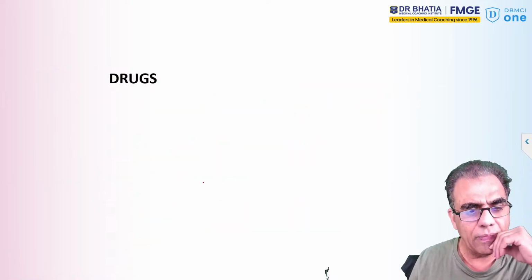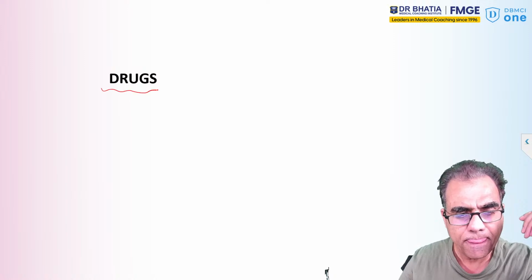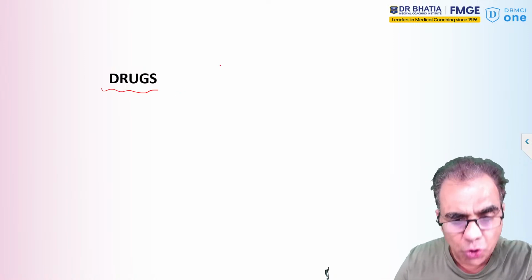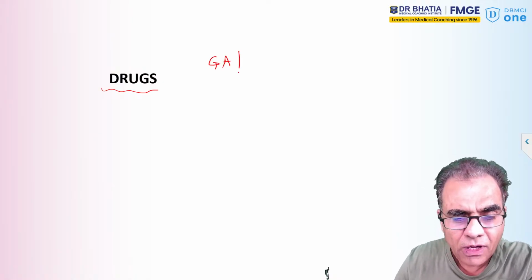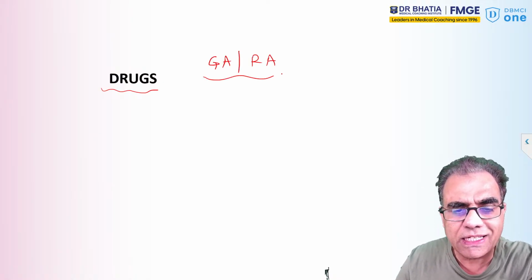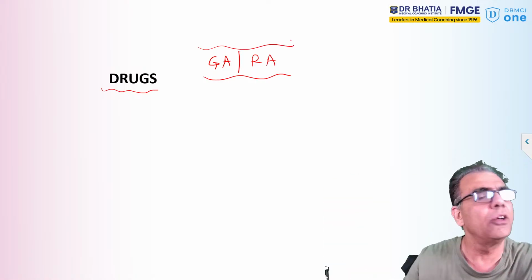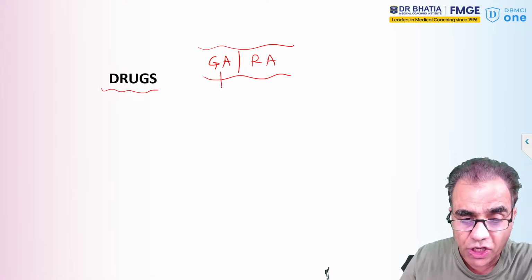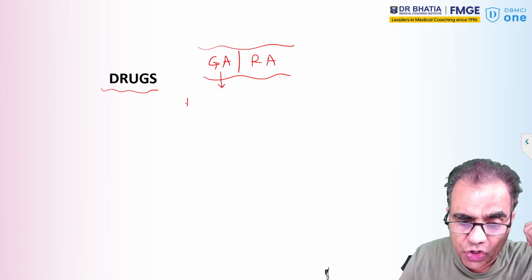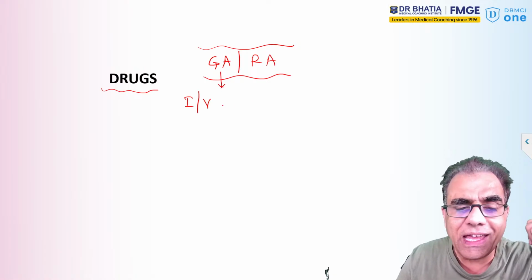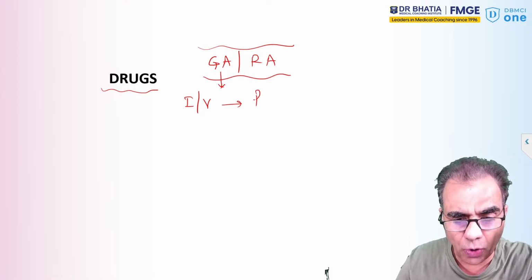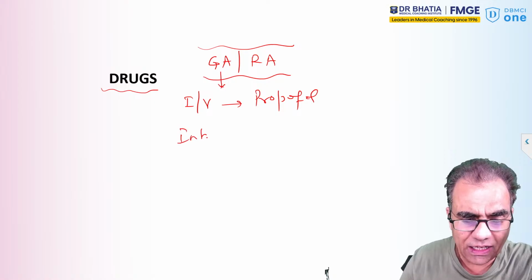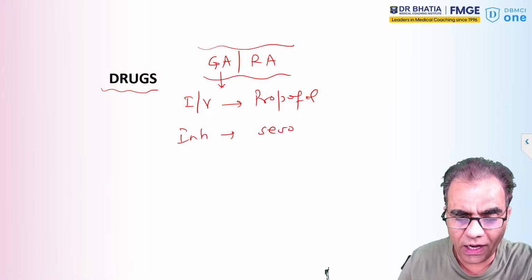Then, the drugs which we can give to the patient. You can give general anesthesia, you can give regional anesthesia. Regional anesthesia is not a contraindication, which means any kind of block, including spinal, can be given for daycare surgery. For GA, which drugs should you prefer? The IV induction agent is propofol. The inhalational agent is sevoflurane.